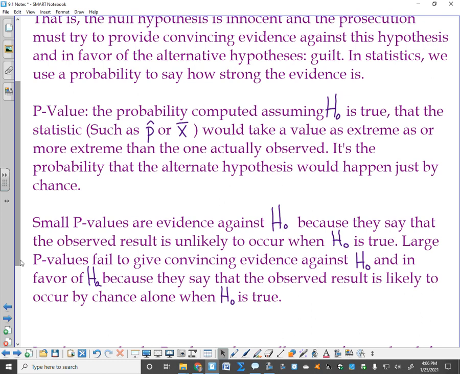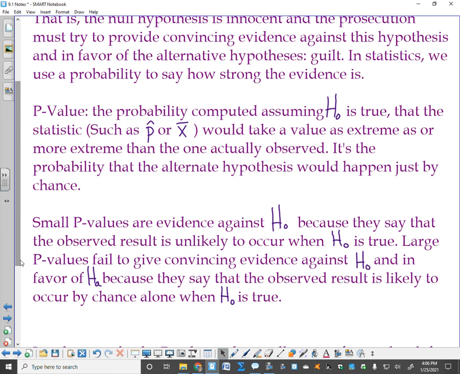I am walking under a ladder, and Miss Hunter is standing beside the ladder. The ladder falls on me and kills me. The p-value is the probability that that ladder falls on me and kills me by chance.